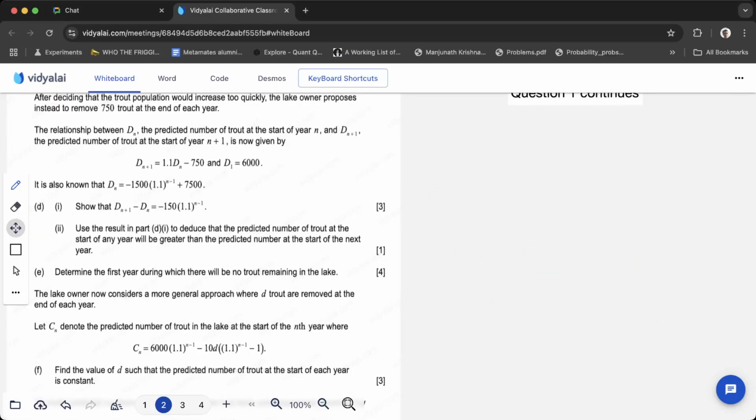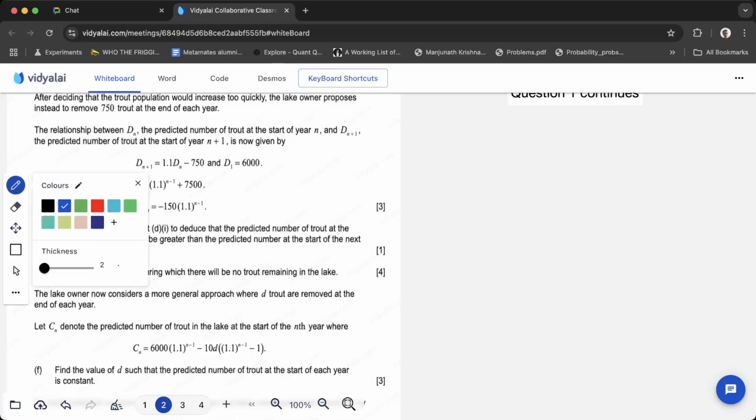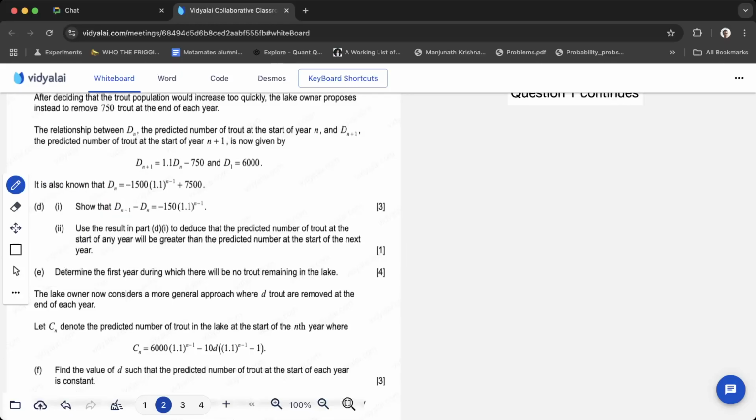So question one continues here. From the previous part, the owner decides that the trout population would increase too quickly if he only takes out 500 each year. If he takes out from the lake 500 each year, the population would increase too quickly and it would overpopulate.